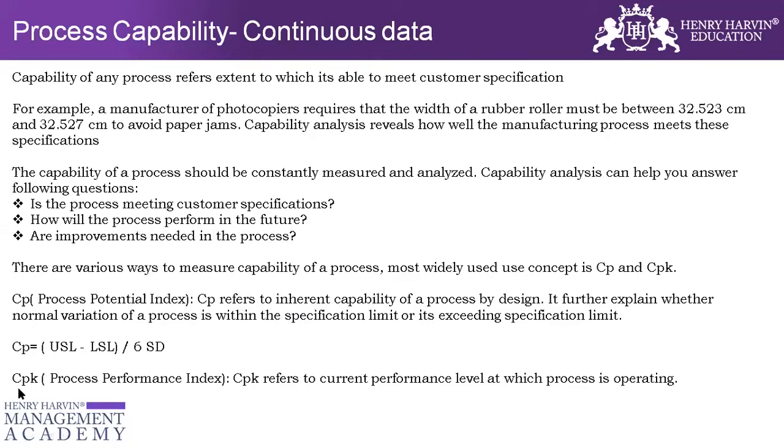The second concept. Sorry to interrupt. One question here. In Cp, we are taking 6 standard deviation in the calculation, right? Yes. Okay. Now, in the previous one, the discrete data, where we were looking at the process sigma, I fail to understand what standard process sigma we would be looking at.